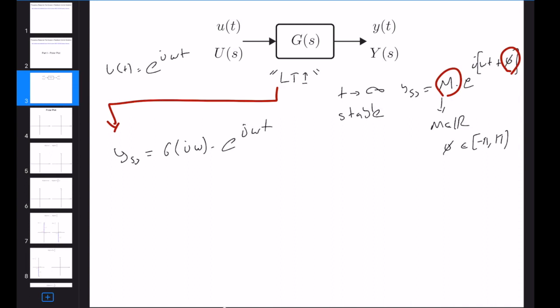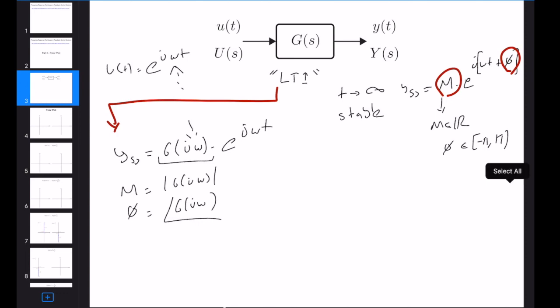G of j omega is a complex number, and from this perspective we can compute m as the magnitude of G of j omega, and the phase is simply the phase of G of j omega, where omega is the same frequency as the input. The idea is very simple, and we can think of it as an experiment. We apply a sinusoidal input to the system, and we look at the magnitude scale m and the phase shift.